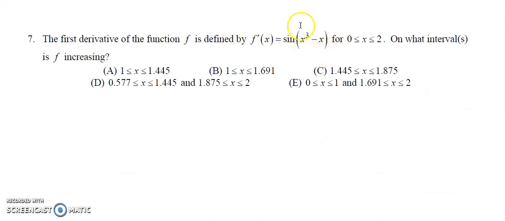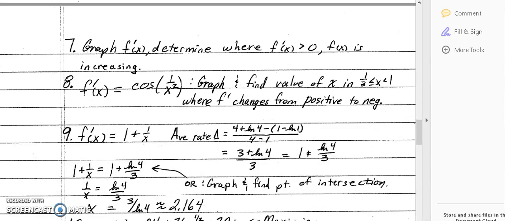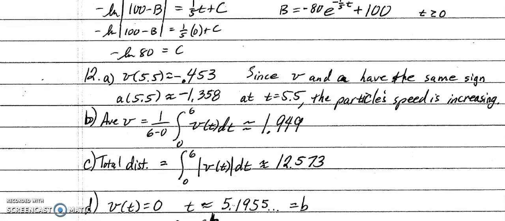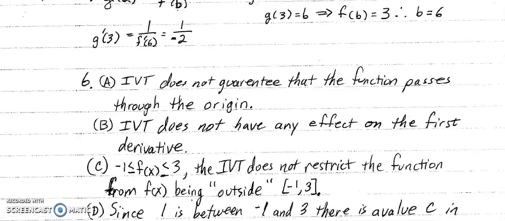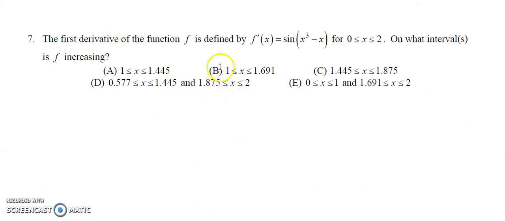Where is this graph above the x-axis? Again, notice it's only between 0 and 2 inclusively, so we look and see which one it is, and it turned out to be the interval for b, between there.